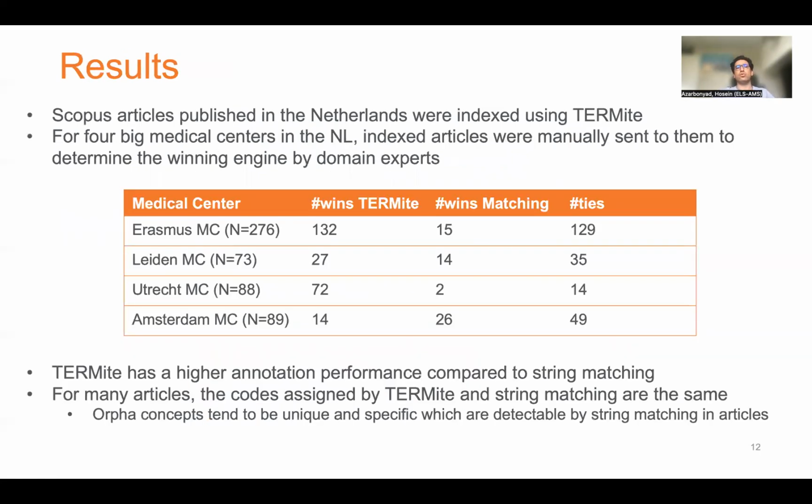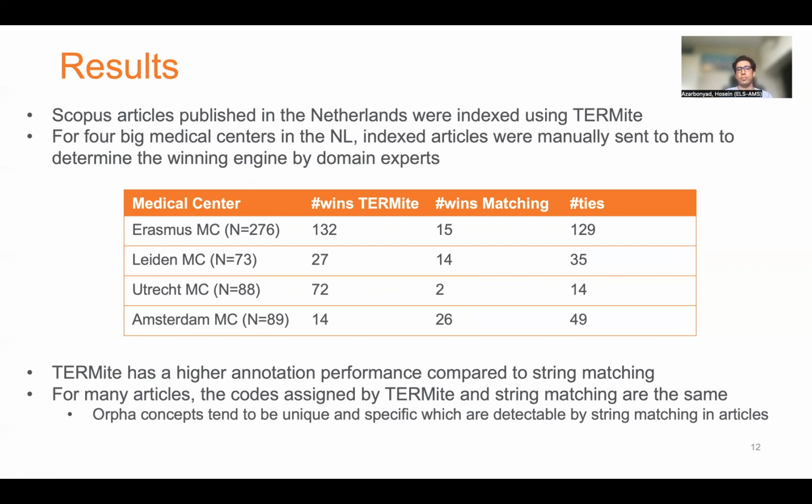But we still wanted to see how good this TERMite engine is in annotating our articles with rare diseases. So we designed a very simple and very basic evaluation pipeline. We focused only on the publications published in the Netherlands, and we used this engine to annotate these publications.